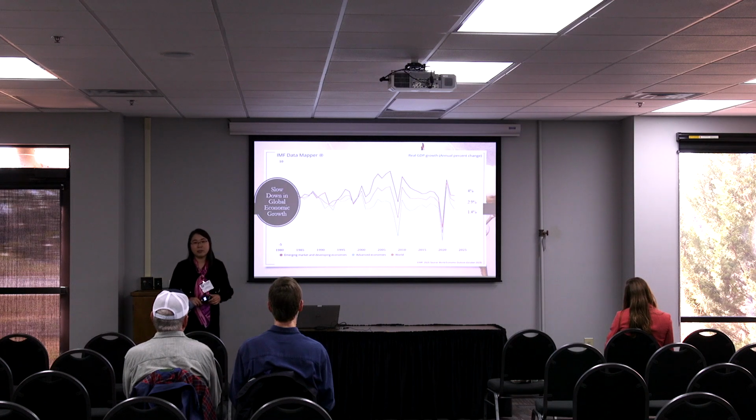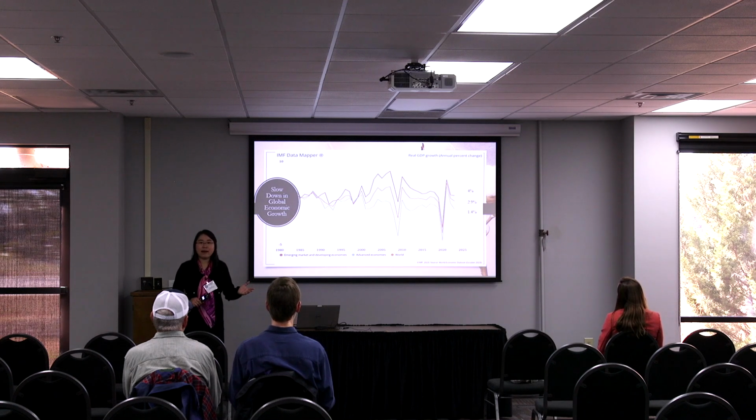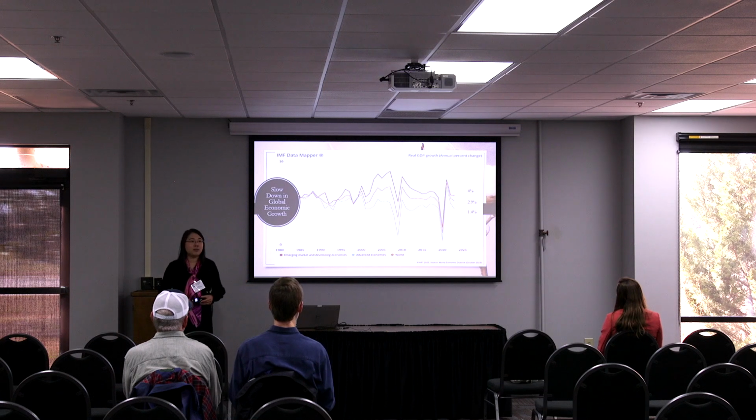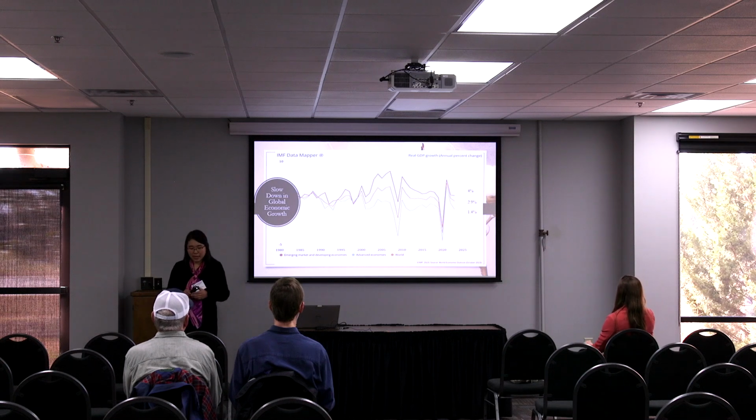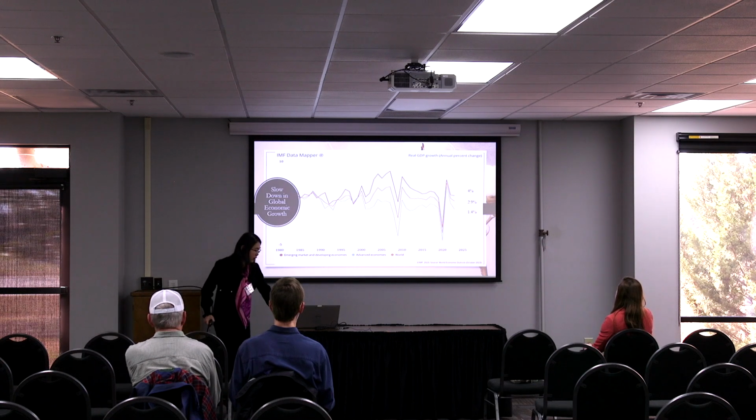Why does that matter? Because cotton and cotton-related products are discretionary items. When the economy is doing well, consumers purchase more goods, more textile and apparel products. When the economy is not doing that well, consumers tend to shrink those purchases. That is what we see historically in the cotton market.